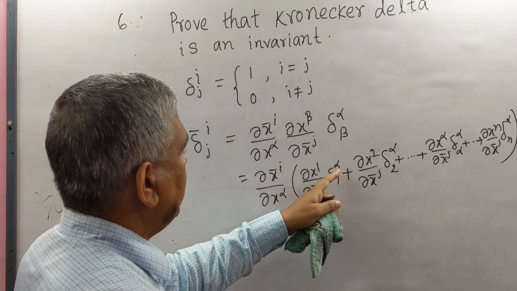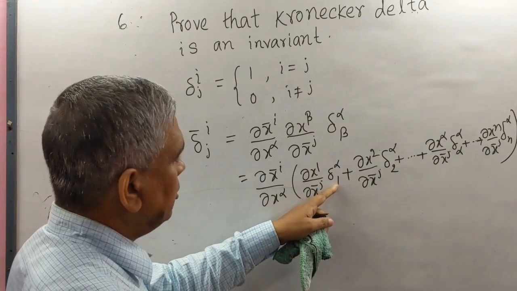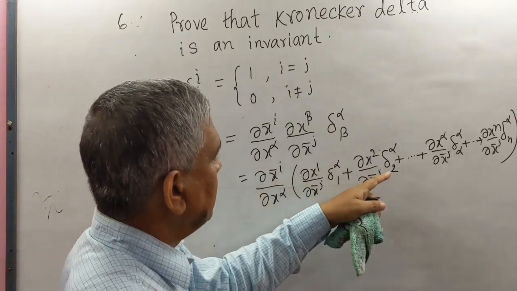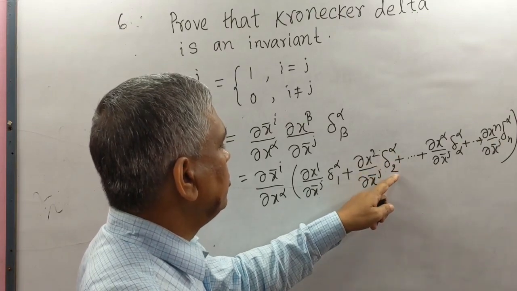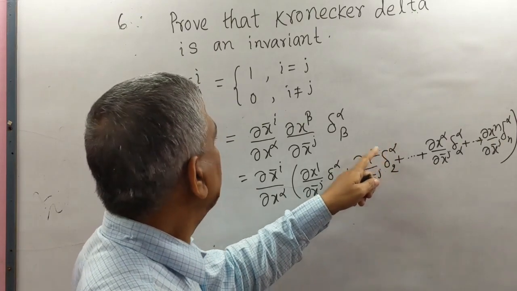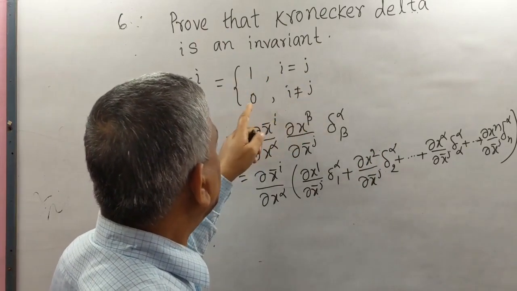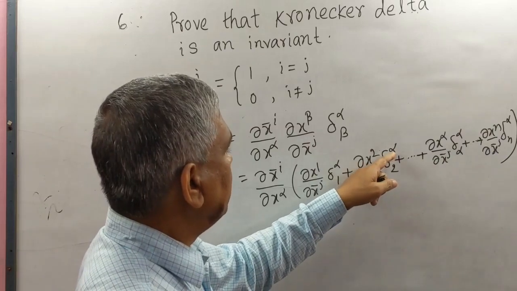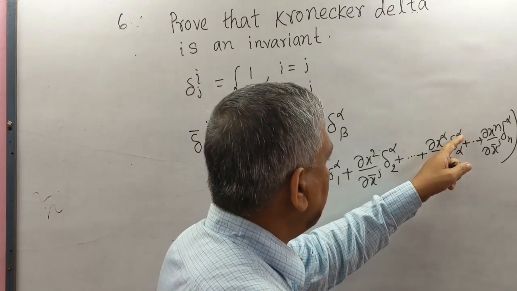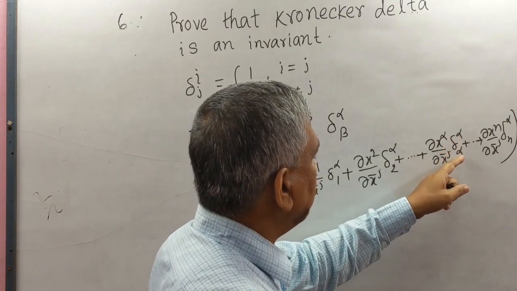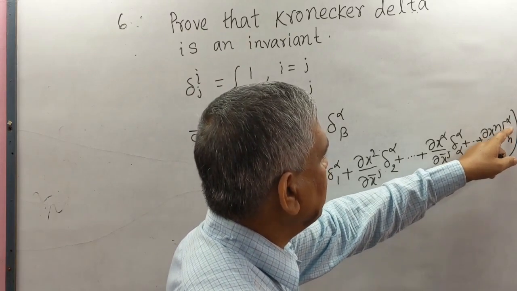Here alpha not equal to 1, that is, the value of this is 0, so this term vanishes. This is also alpha not equal to 2, so this will be 0. Here i equal to j gives 1 and i not equal to j gives 0. Here both alpha are equal, so this will be 1. Here alpha not equal to n, this will also be 0.